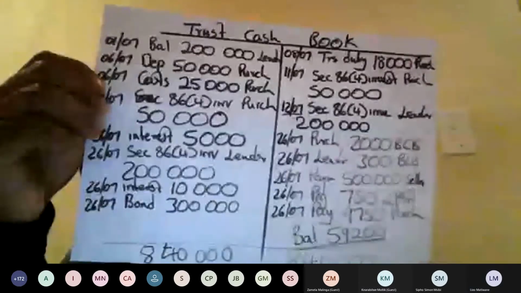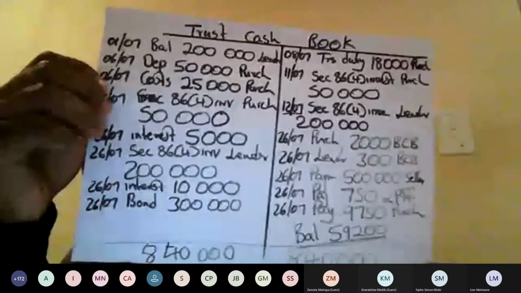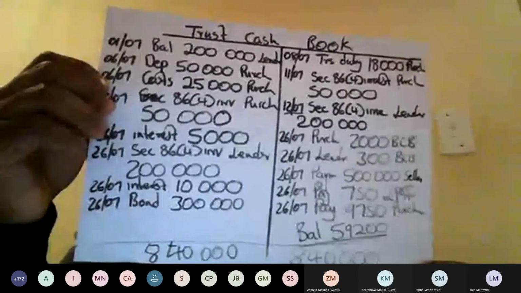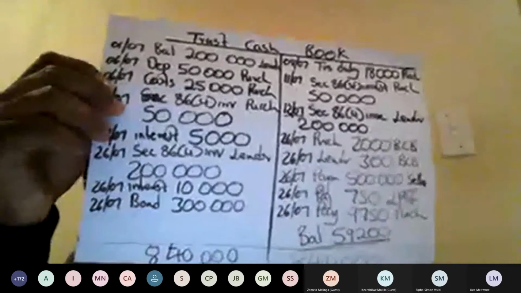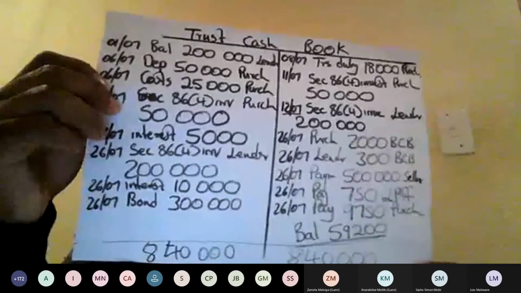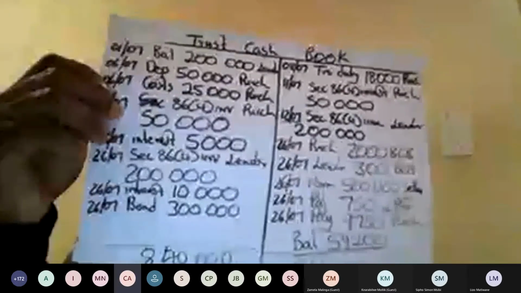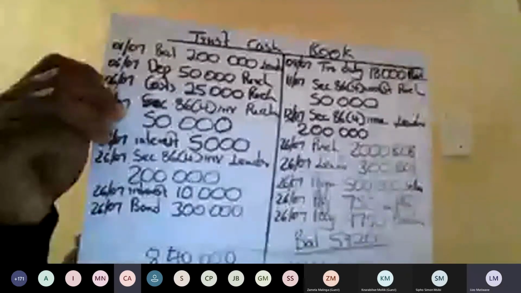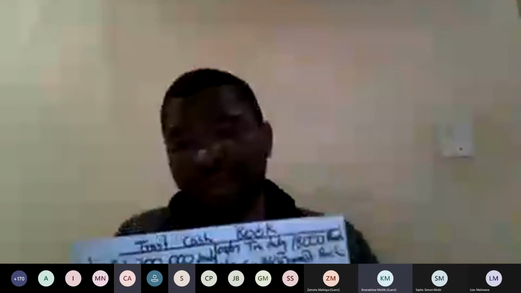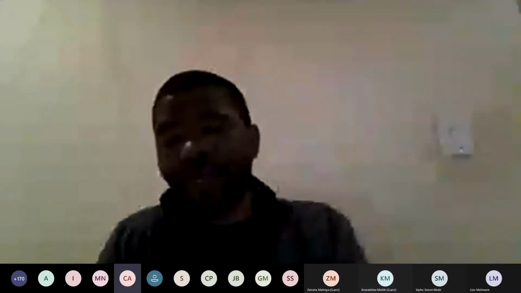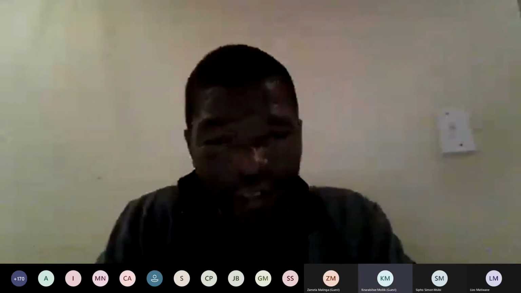And that 59,200, you go to the lender's trust, you see it's the same amount. That means in your trust, you are still keeping the amount of 59,200 on behalf of the lender. That is the lender's money. Therefore, the transaction is complete.